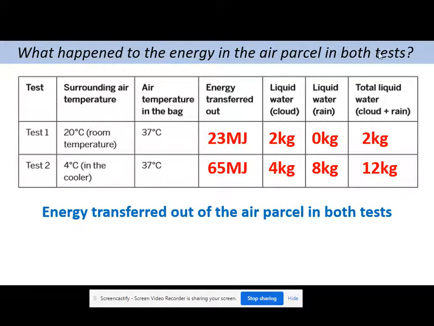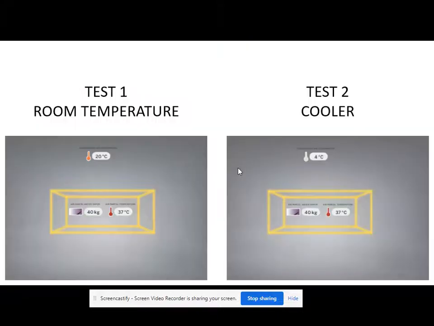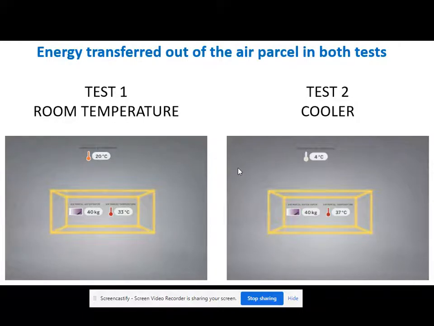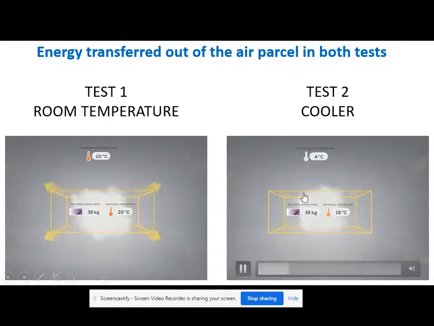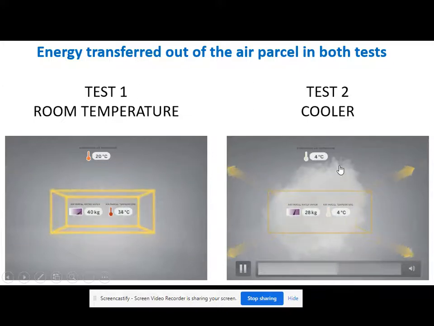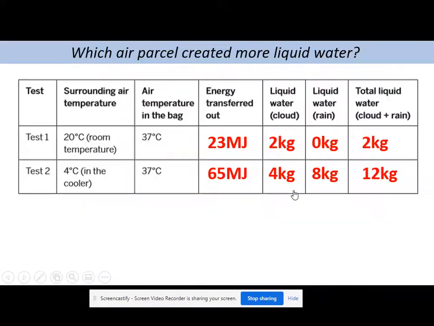In both of these tests, energy was transferred out of both of the air parcels, so that's something to keep in mind. However, there was just a lot more energy being transferred out in the test with the cooler air temperature. Okay, so we can take a look at that. And we definitely see a lot bigger cloud being formed on this one with the cooler temperature.